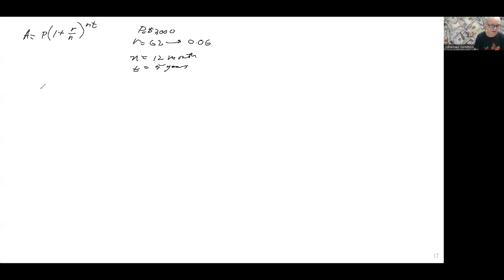So I plug my numbers into my formula. A is equal to $3,000 times 1 plus 0.06 divided by 12, to the power of 5 times 12. And then we start calculating that on our calculator.